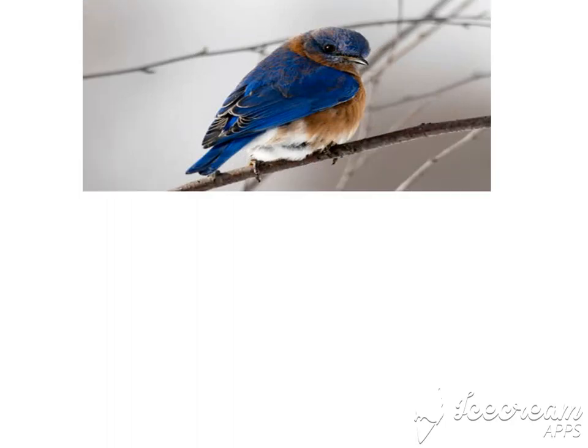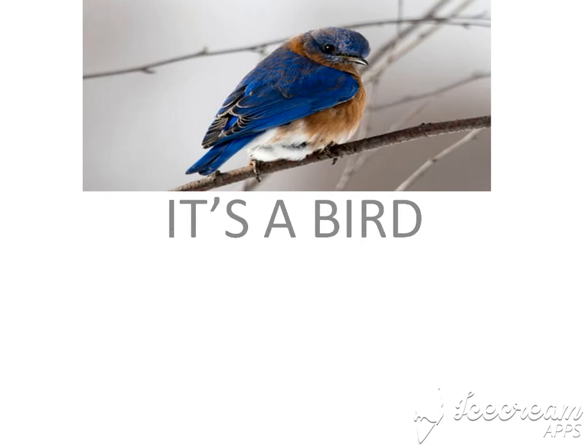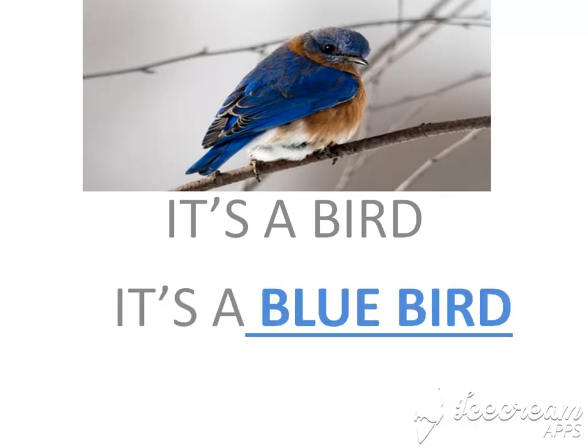In the next example, we have a bird. So it's a bird, but we can use other adjectives to describe this bird. For example, the color of the bird or the size of the bird. So let's describe the color of the bird. The bird, of course, is blue, so it's a blue bird.